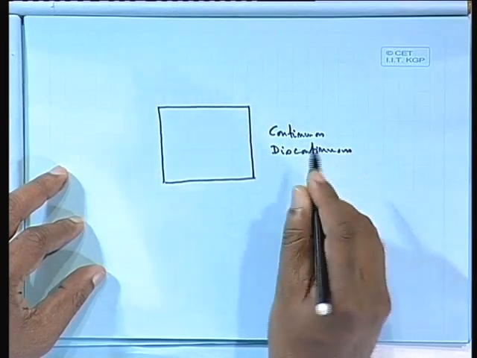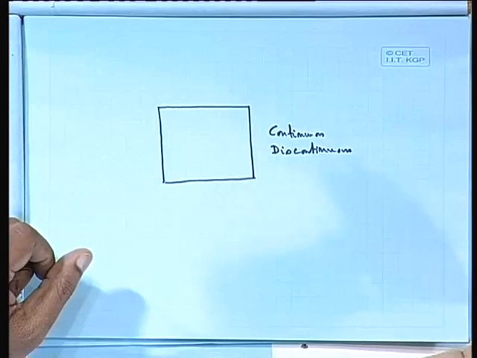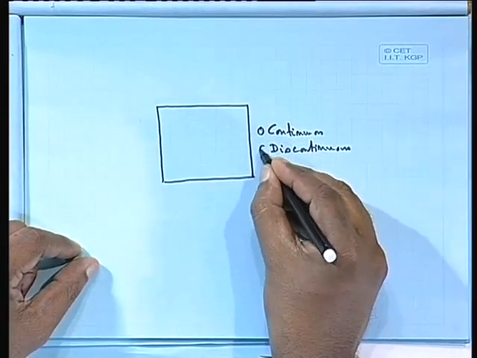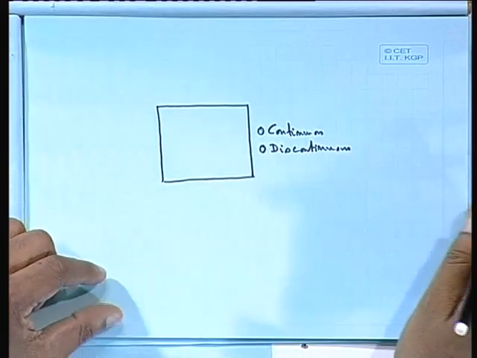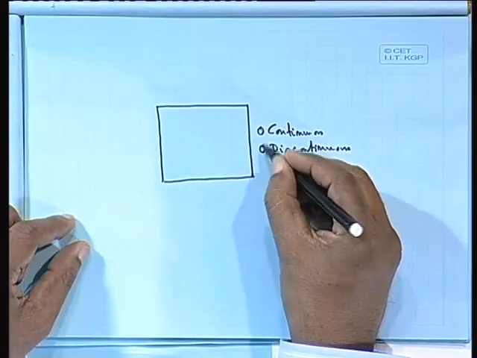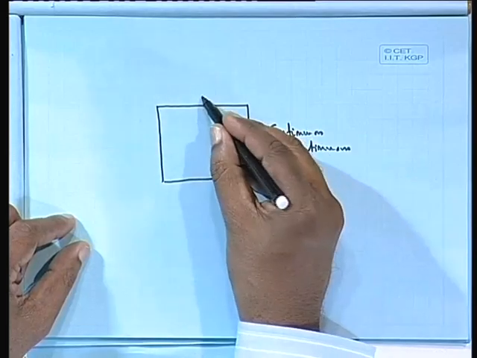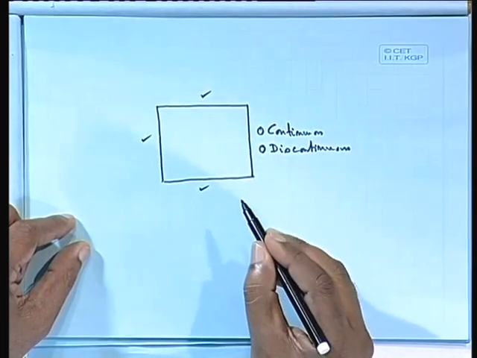I need not specify which case; this could be a radio button. I am trying to make it a little bit computer aided. Only one of them could be either continuous or discontinuous. Similarly, this one also, this one also, this one also.